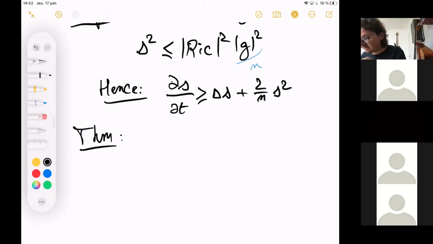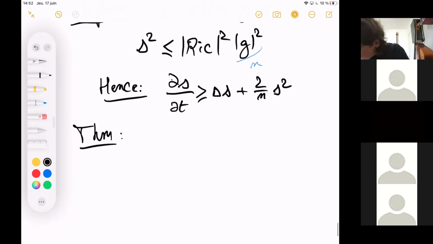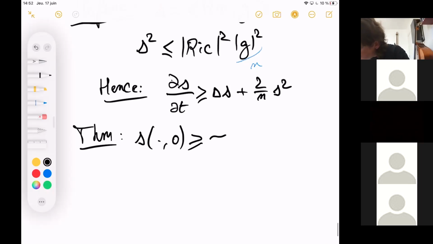So let's just write it for this equation, since we will use it for that. Assume that S at time 0 is greater than some constant sigma.